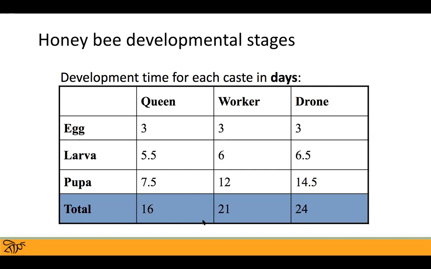You can see from this chart that drones take about 3 days longer than workers to develop to maturity. And it's really important to note that most of that extra time is during the pupal stage. That is, of course, the stage where the cell is capped over and the mites are reproducing underneath.